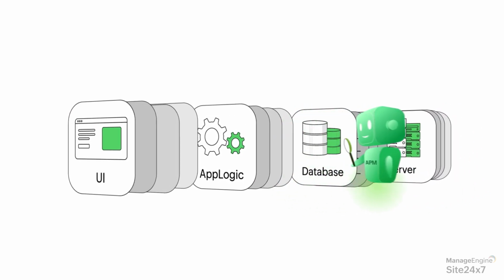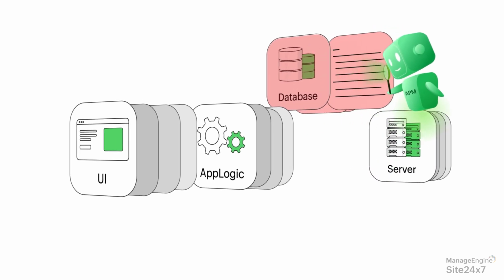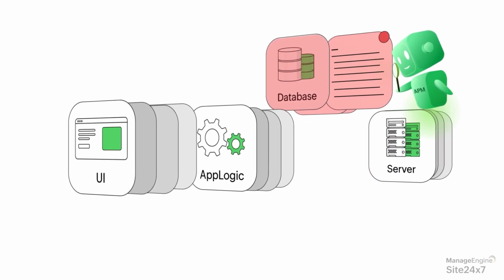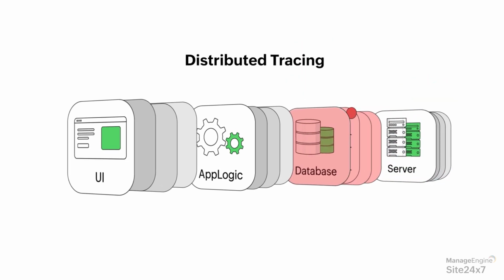Each step is measured. If something's slow, say an SQL query takes a few seconds, you can pinpoint the exact location in the trace. This is called distributed tracing, and it lets you pinpoint exactly where things are slowing down.